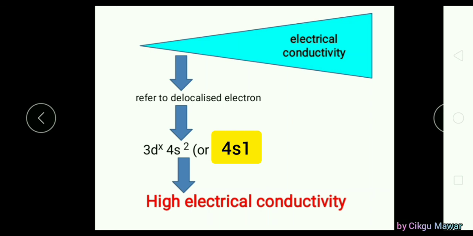We have now covered the physical properties of transition elements.